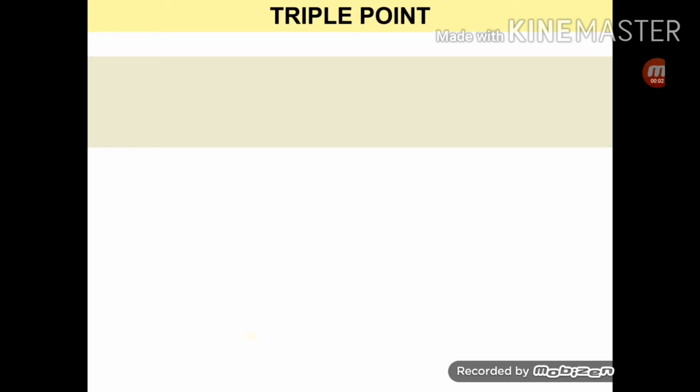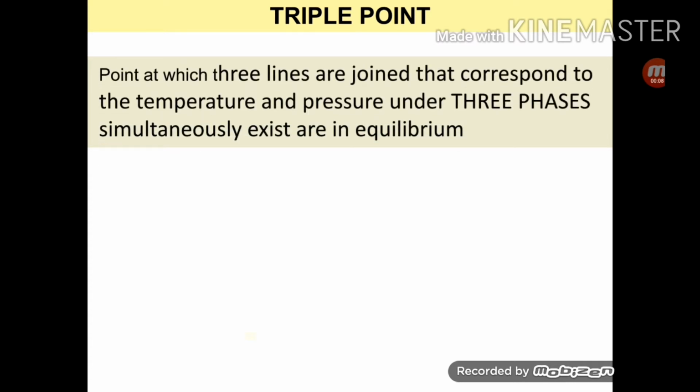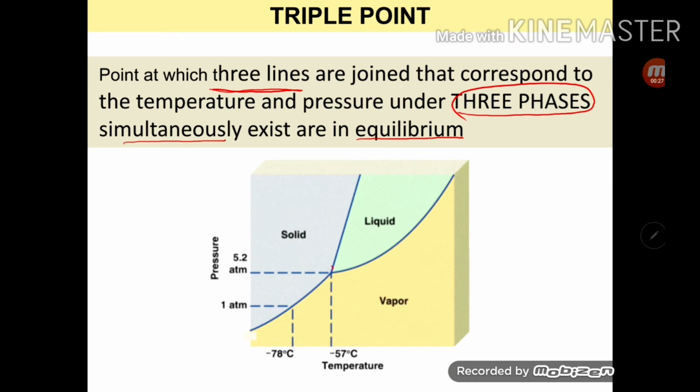Triple point. What is the definition of the triple point? The triple point is the point at which three lines join, corresponding to the temperature and pressure at which three phases simultaneously exist in equilibrium. So this point is the triple point, because at this point three lines join.